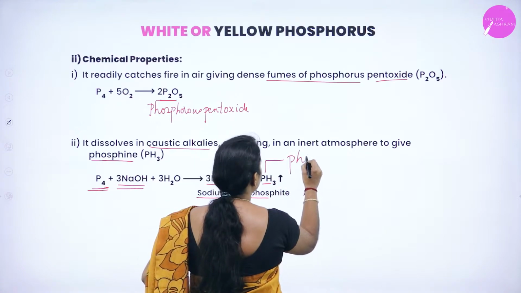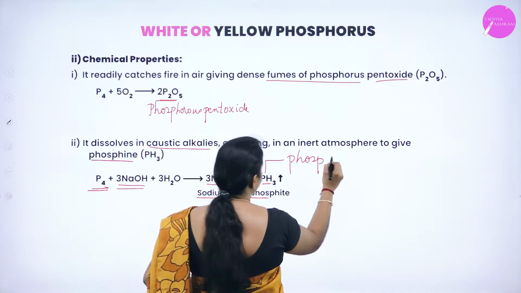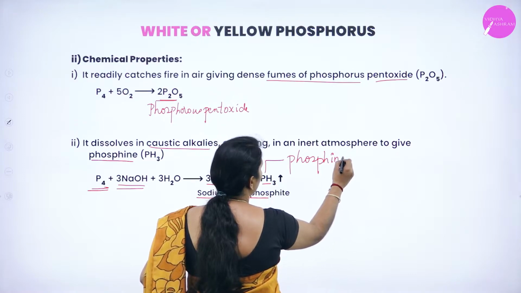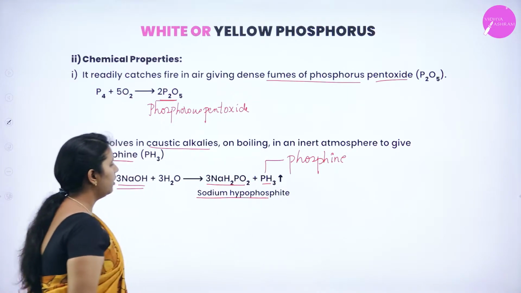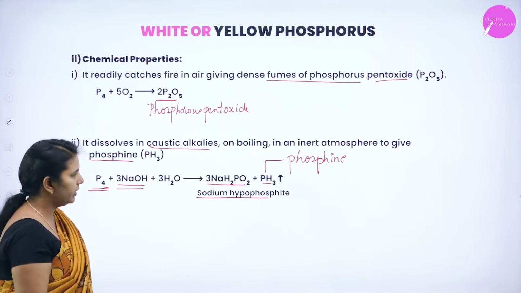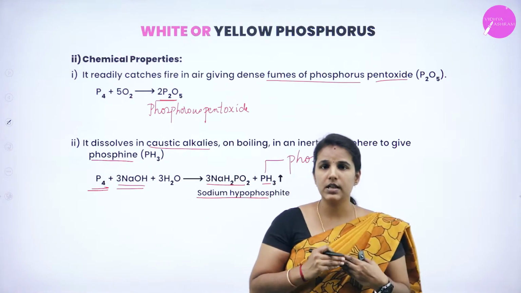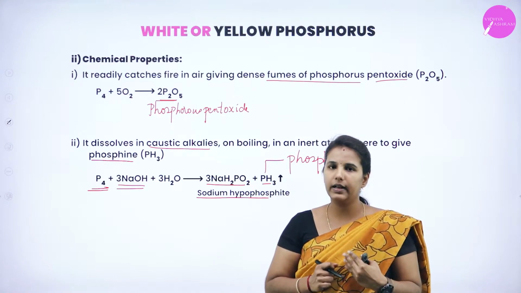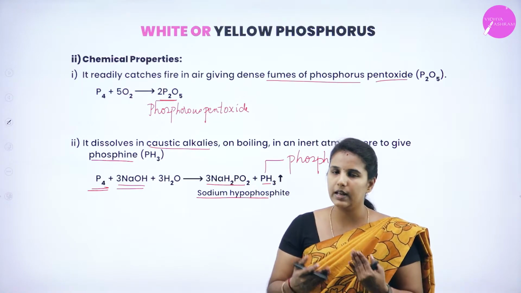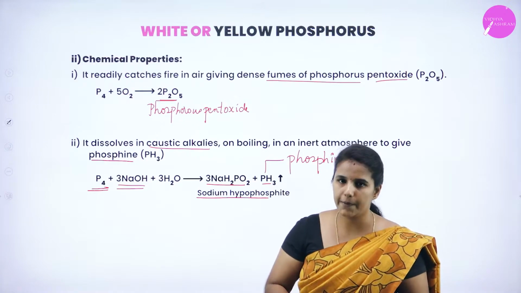So this reaction clearly indicates that our phosphorus can also react with strong alkali and give rise to phosphine and sodium hypophosphite as products.